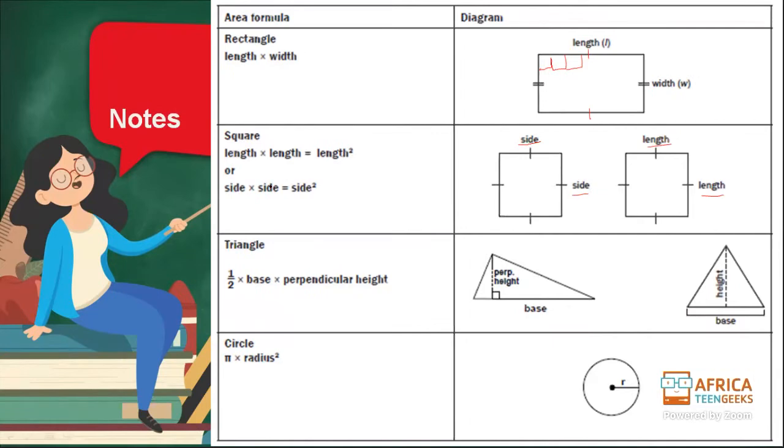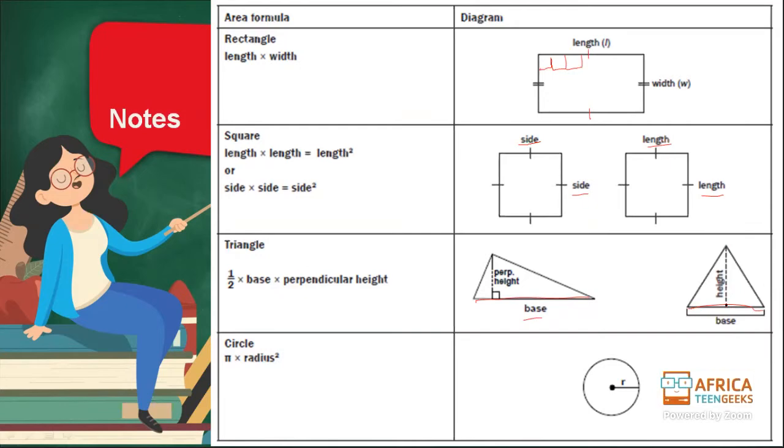Next one is a triangle. A triangle is a bit funny because it has different names which you're not familiar with. Obviously, from previous grades, you should know this formula. A triangle has a base, which is basically the side that touches the ground. Think of a bed as the base. The base is perpendicular to the height.